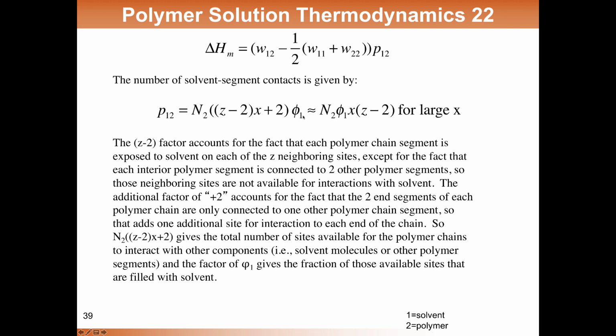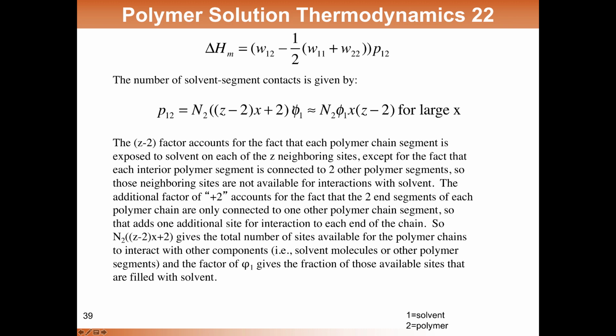And Flory then said, well, on average there is a certain volume fraction of solvent, and so the maximum number of potential contacts times the volume fraction of solvent is his estimation for the number of solvent segment contacts. So when the volume fraction of solvent is high, approaches 1, then the number of solvent segment contacts approaches this maximum value.